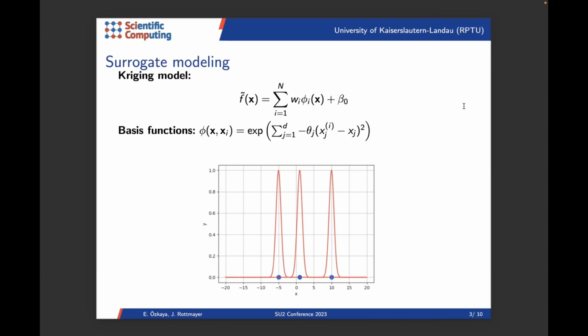They are perfect correlation functions, actually. For example, let's take this function here. It decays very rapidly, and if I have 3 samples, it makes sense that I can use 3 basis functions.